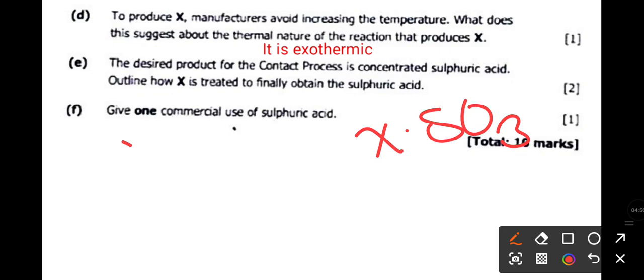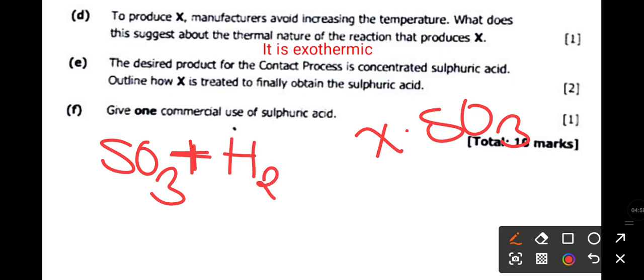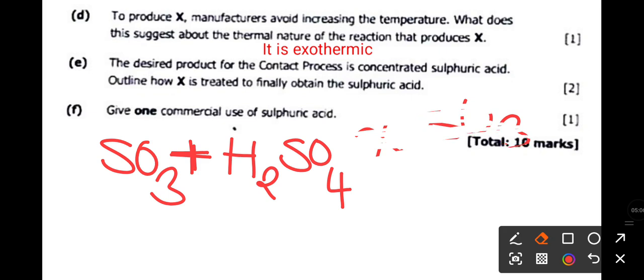Number one, we will dissolve this sulfur trioxide in cold concentrated sulfuric acid. Okay, so the first step is dissolving the sulfur trioxide in cold concentrated sulfuric acid.